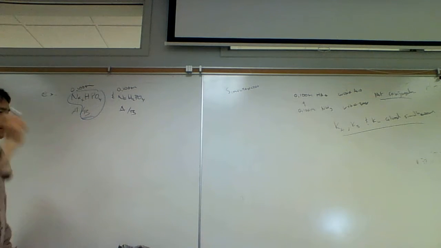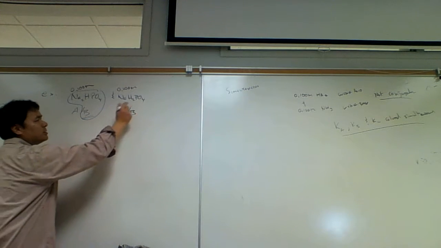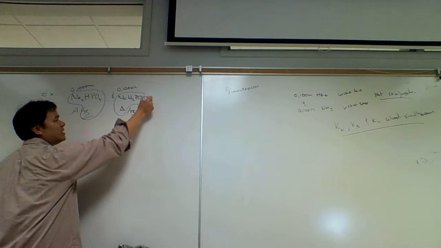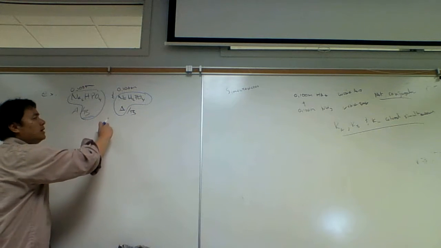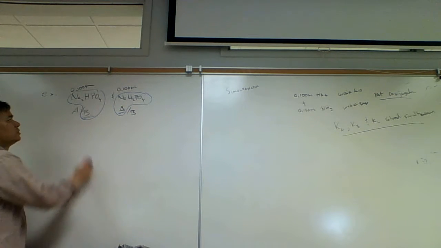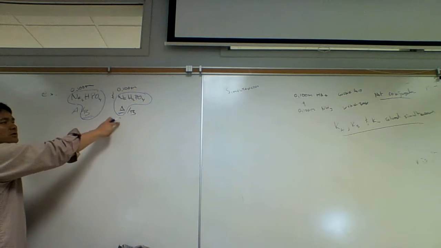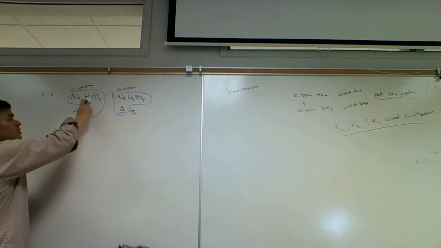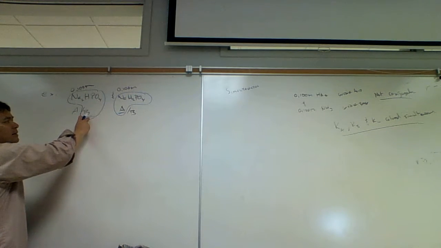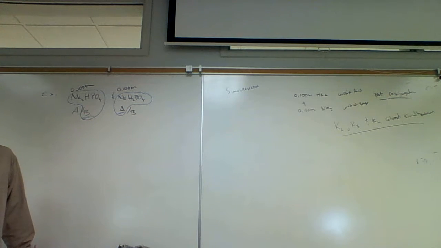Why? It can't be the acid because there's a stronger acid present. If there's a stronger acid present, that's the acid that's going to react. And so sodium dihydrogen phosphate will be the acid. Sodium monohydrogen phosphate will not. It can't be the acid because there's a stronger acid that's going to lose its proton first. Sodium monohydrogen phosphate will be the base. Sodium dihydrogen phosphate cannot be the base either because there's a more powerful base around. And a more powerful base will react first.